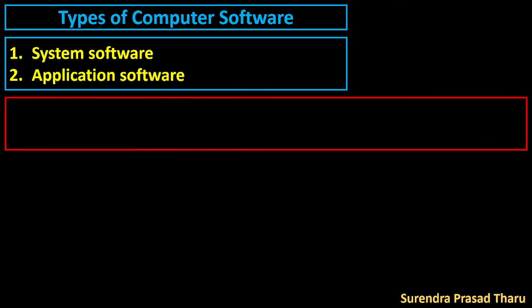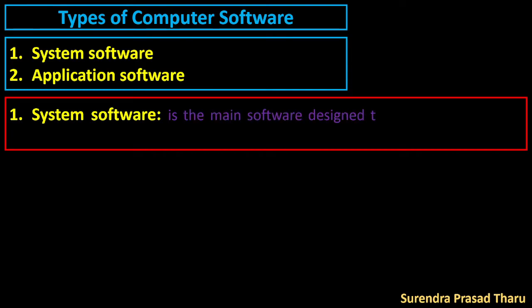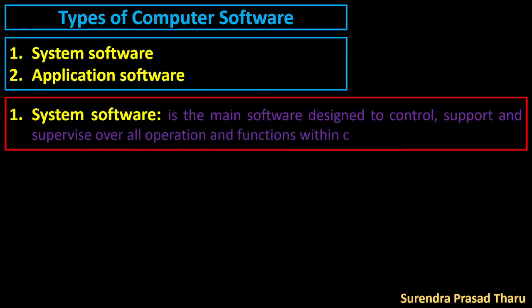So system software, by the name we can find that it is designed for the system, within the system, to perform any types of tasks, any types of operations within that particular device. How to communicate with any other devices, how to perform the different tasks, how to provide the result, how to manipulate the data, all that will come within the system.